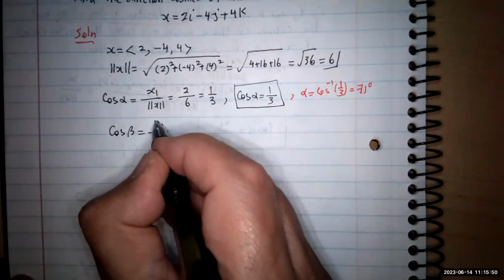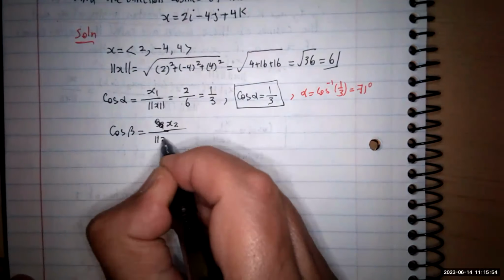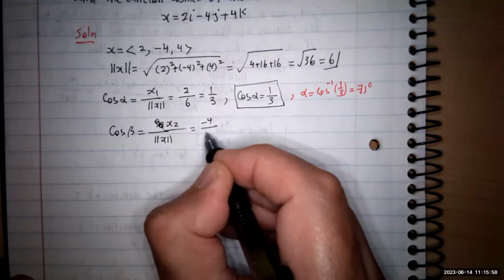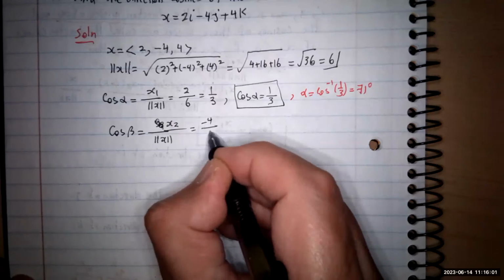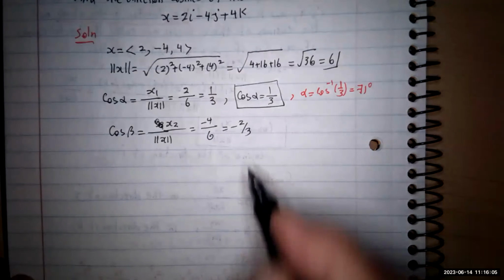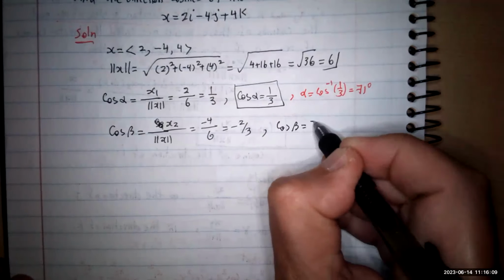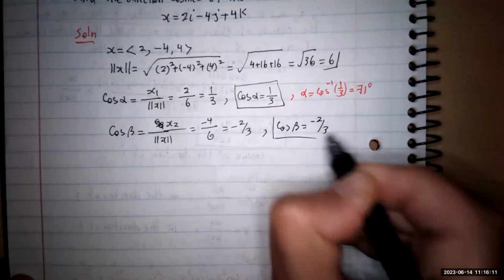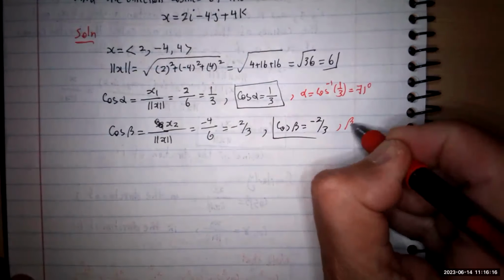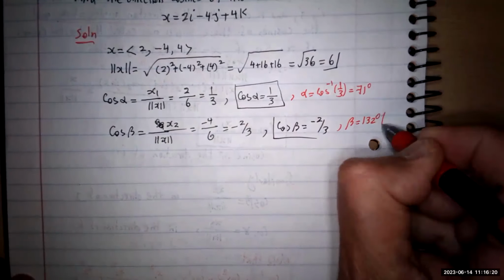Sorry, that's x2 over the norm of x. x2 is -4, so -4 over 6. So that gives -2/3. So the cosine of beta in the j direction is -2/3. Again, they didn't ask for it, but you can use your calculator. Beta is 132 degrees.